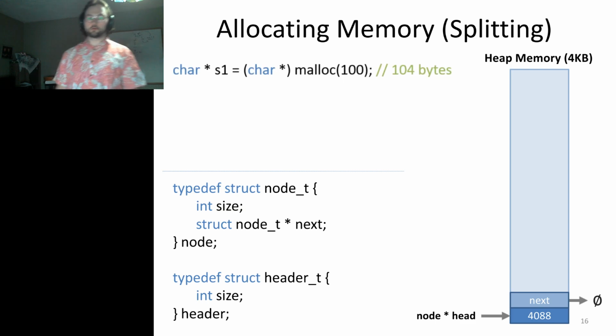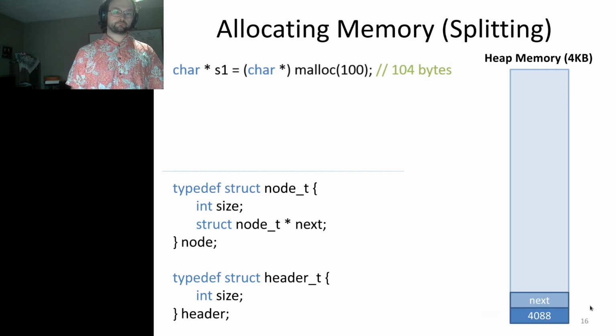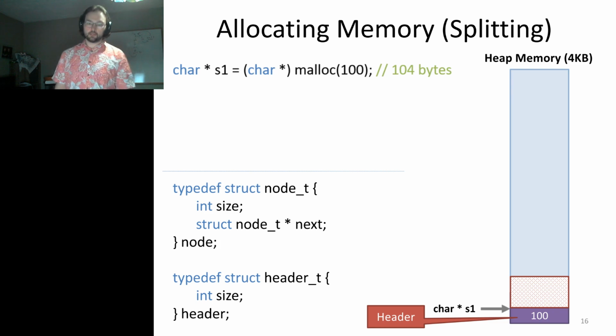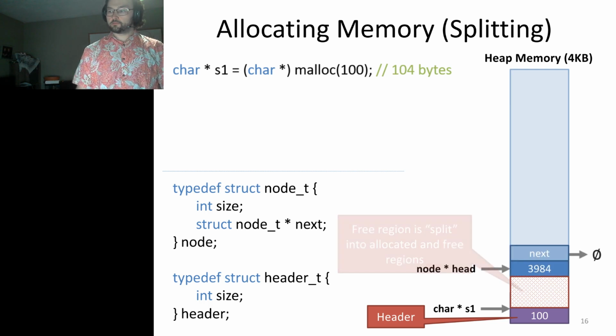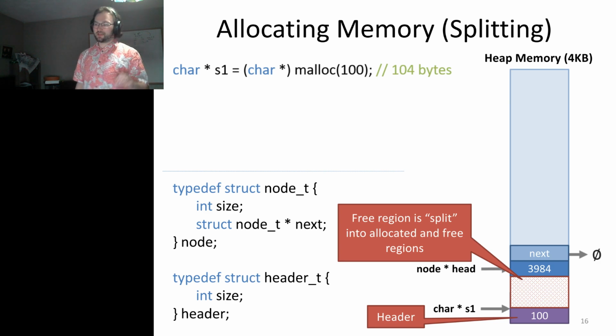So if we allocate 100 bytes, that's going to get rounded up to 104 bytes to have space for the size field. What we do is take what was the head of the free list and allocate the space there at the beginning of that block of memory. We split that block that was 4088 bytes before into two pieces.